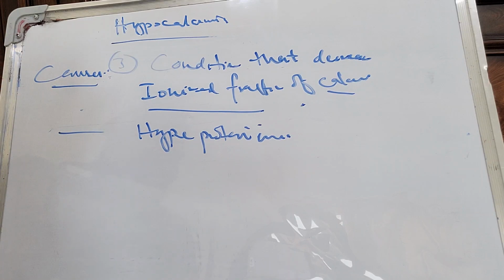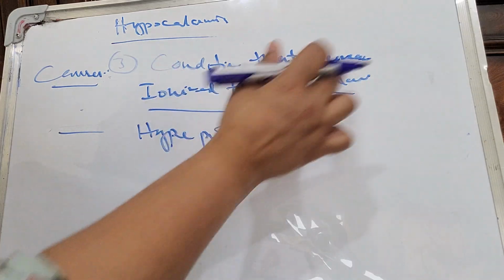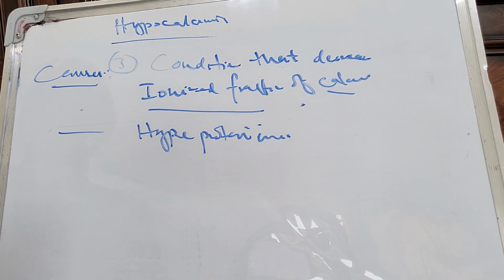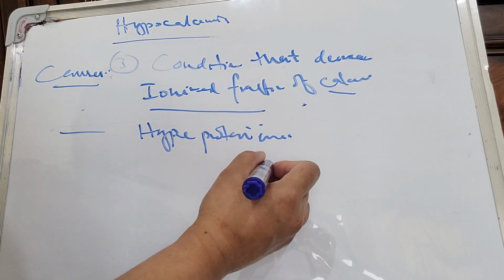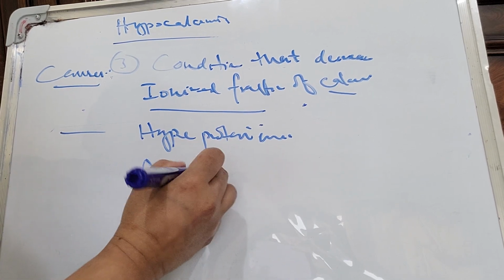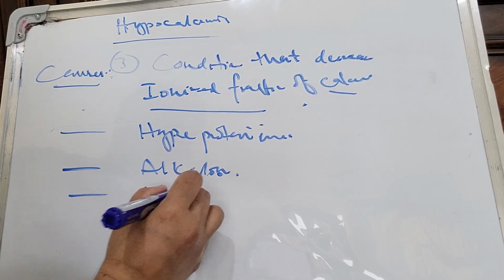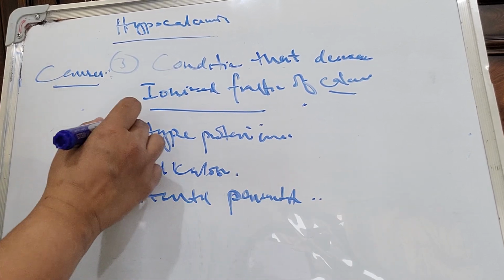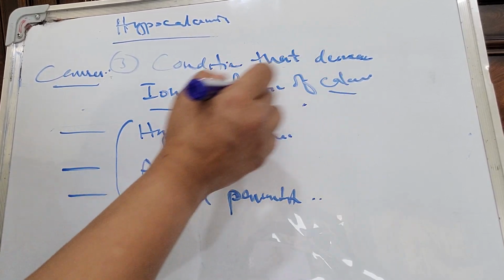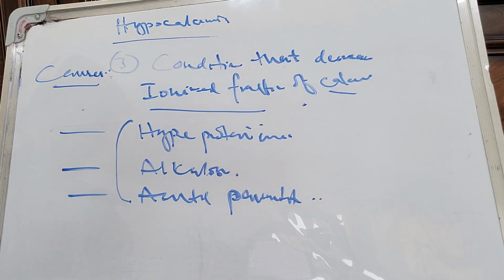If we have these conditions, the ionized calcium will decrease and that will create hypocalcemia. So what are these? Hyperproteinemia, alkalosis, and acute pancreatitis. These problems decrease the ionized calcium in our body and cause hypocalcemia.